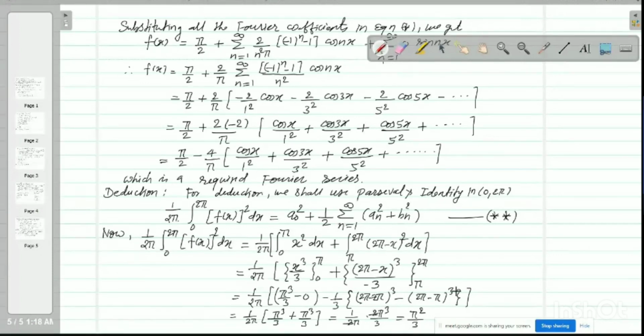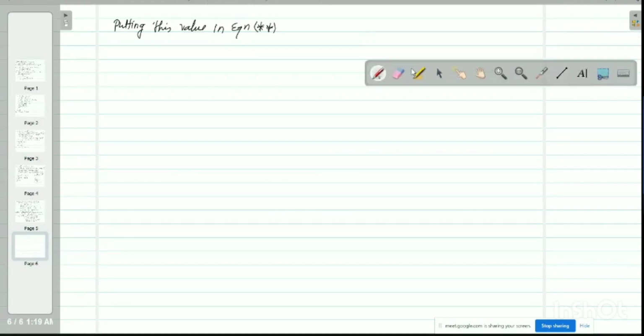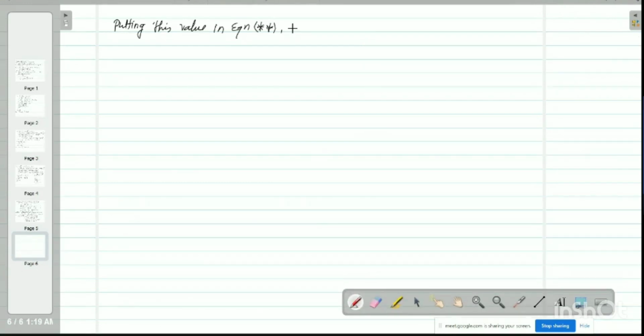Now putting this value in equation double star, we get pi square by 3.